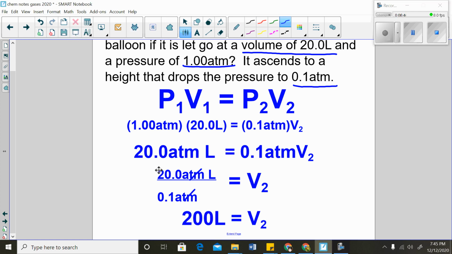Now if you divide this in your calculator, 20.0 divided by 0.1, your answer is 200 liters. That does make sense according to the law. That volume increased. And then did you write your result in correct significant figures? Yes. 20.0 has 3 significant figures, 0.1 only has 1.